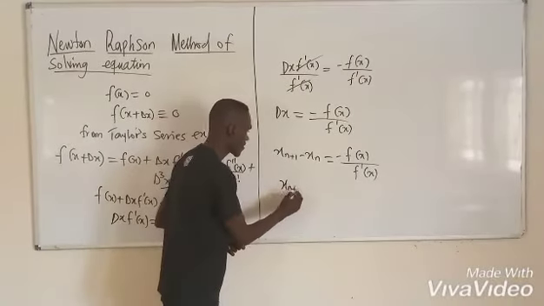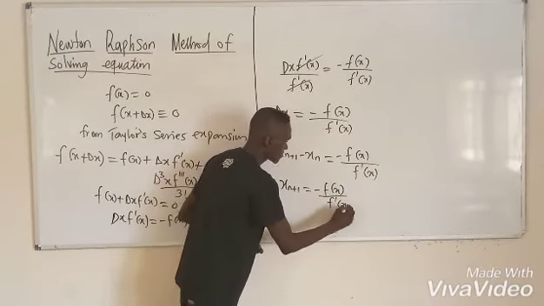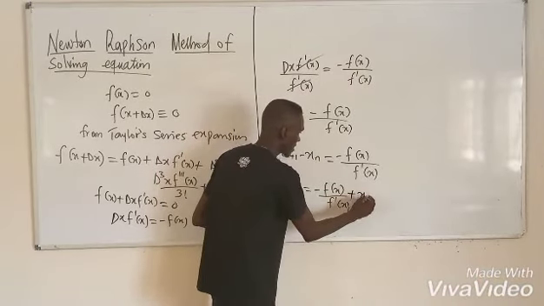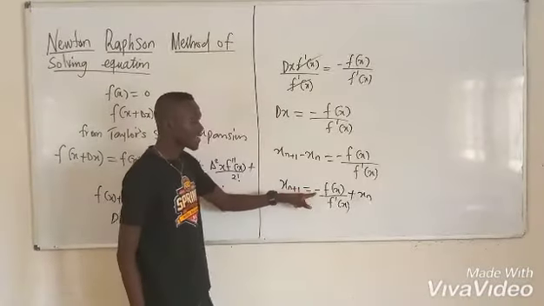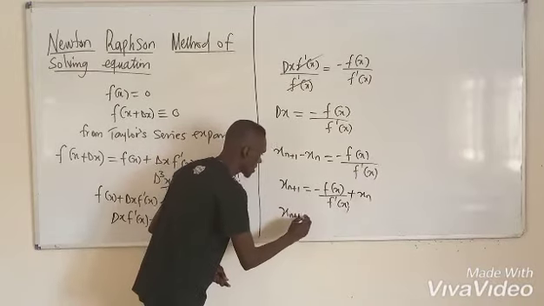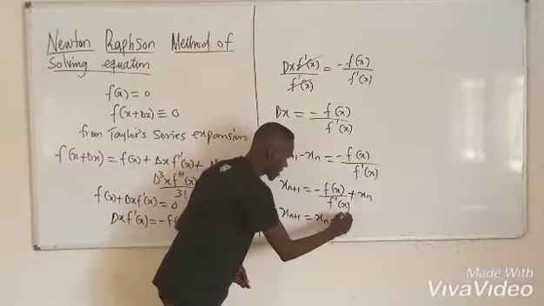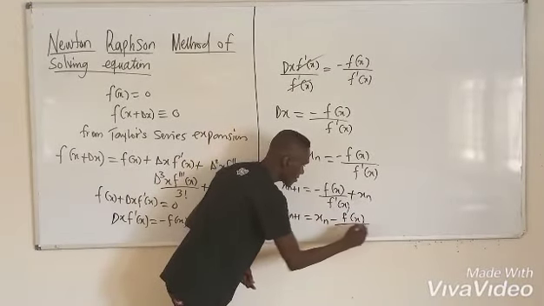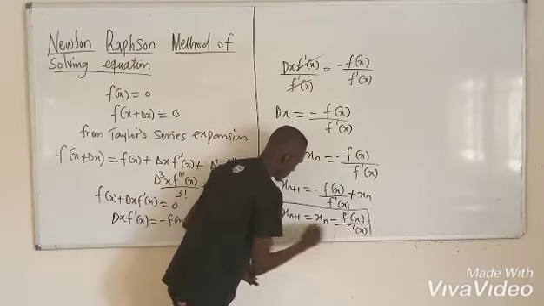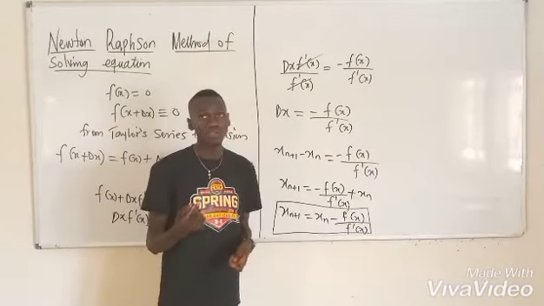So I'll be having x sub n plus 1 is equal to minus f of x over f prime of x, plus x sub n, because this is crossing to the other side. But I'm having a negative here. I want to insert it in the equation. So I'm going to make this x sub n plus 1 is equal to x sub n, because it's positive, minus f of x over f prime of x. And this is the formula used in the Newton Raphson method to get the approximate value of an equation.